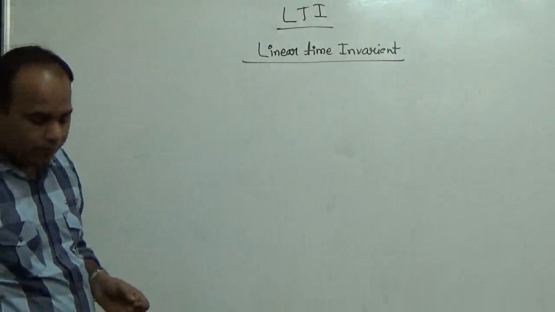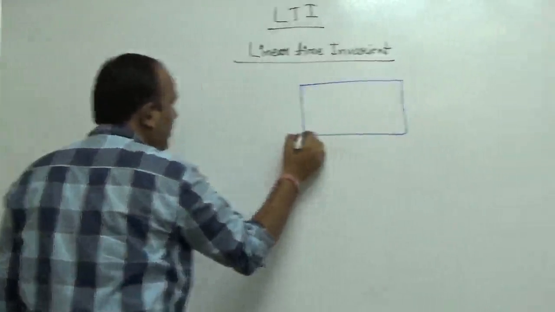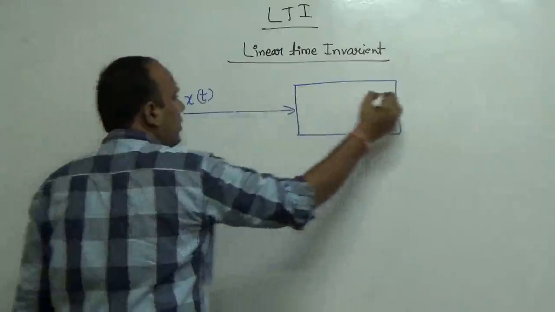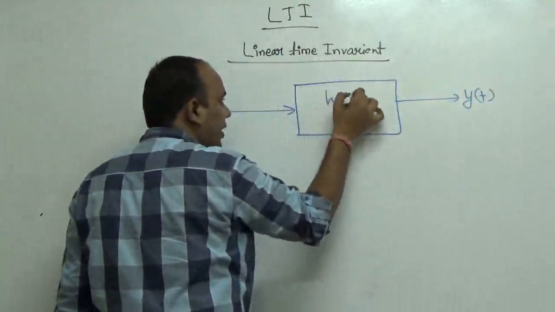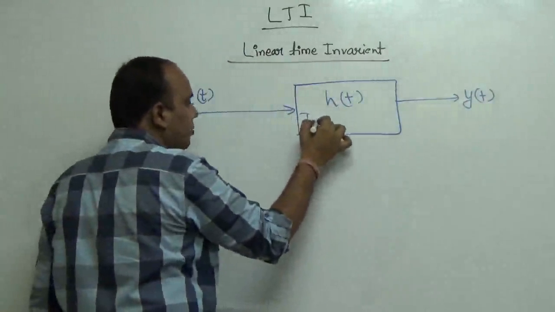Now, if you see the block diagram of any LTI system, give x(t) as an input, take y(t) as an output, and h(t) is the impulse response of the system.